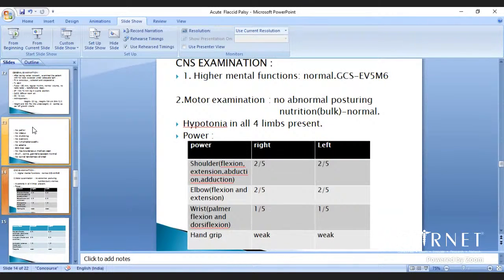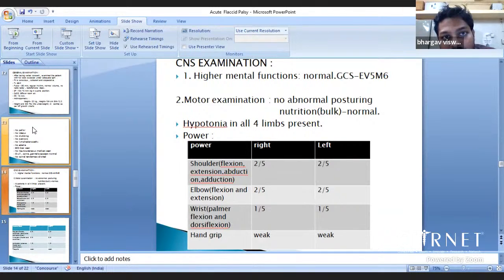Coming to the system examination, CNS examination: my patient's higher mental functions were normal, and his GCS is E4, V5, M6. Coming to motor examination, he has no abnormal posturing. His bulk appears normal, and I have observed hypotonia in all 4 limbs.